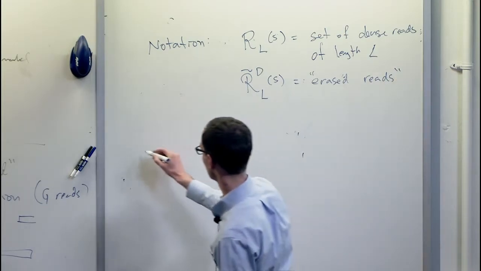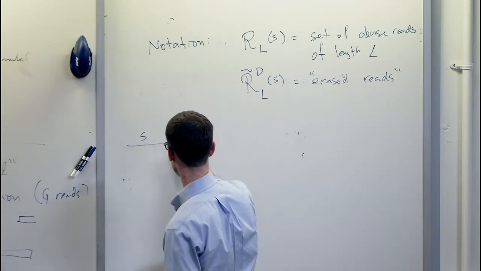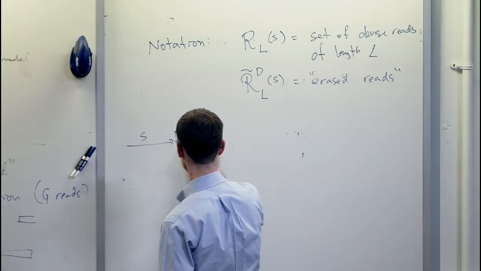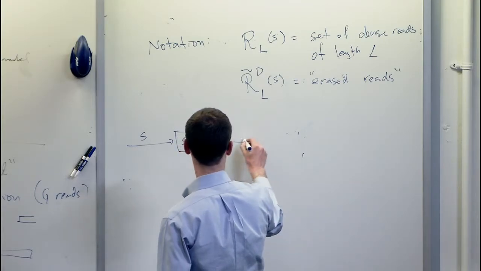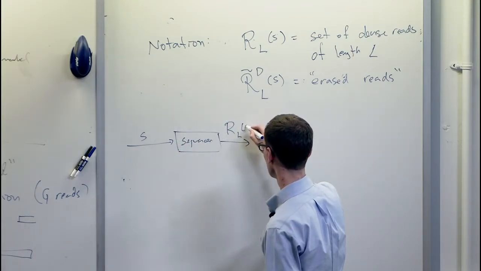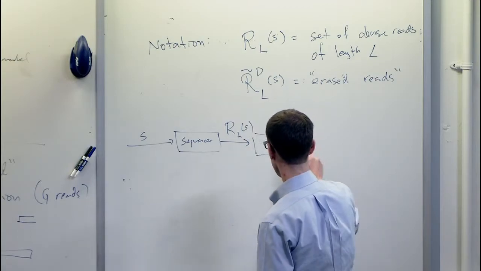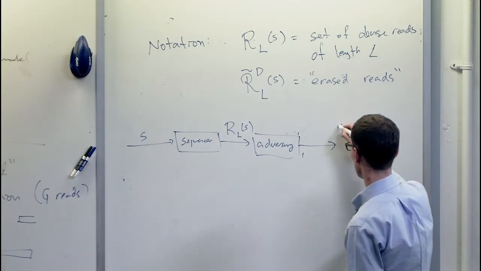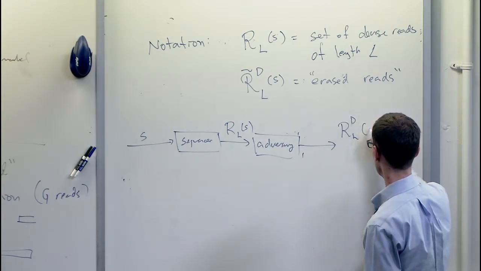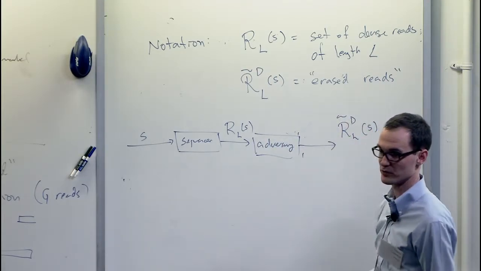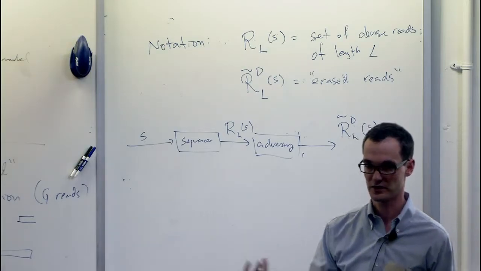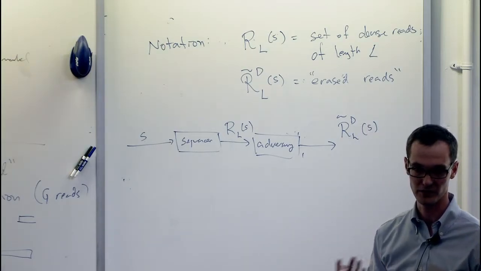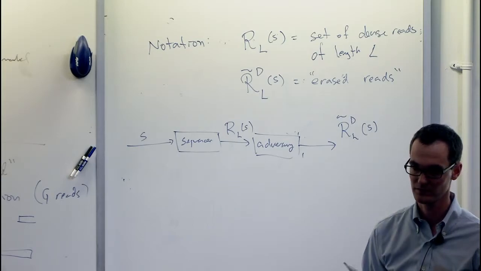So the basic picture is this, is that I have my sequence, goes through a sequencer, out comes my reads, then my adversary corrupts them, and what I'm left with at the end of the day is a whole bunch of reads with a whole bunch of erasures. And the question is, how can I assemble these to put them back together in a sequence? Is the setting clear to everybody?